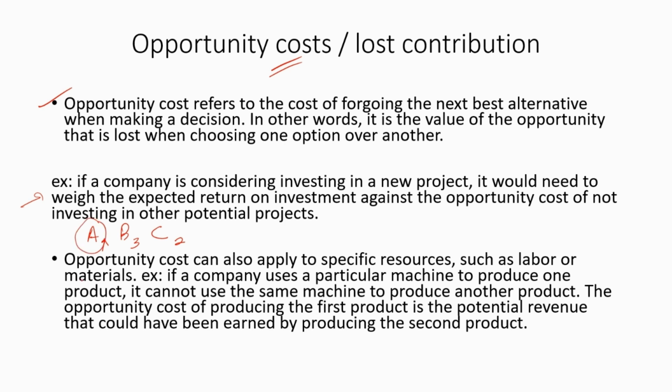So they will invest their capital in project A. Because of selecting project A, the company has lost the opportunity to invest in project C, because now the company does not have enough money to invest in project C because they already invested the money in project A. This is called the opportunity cost, because the company has lost the opportunity to invest in the next best alternative, which was project C.